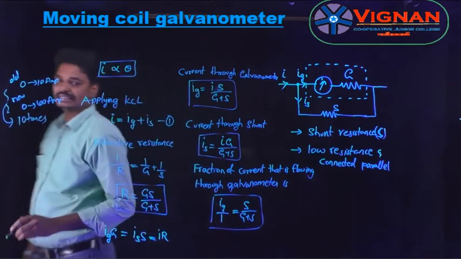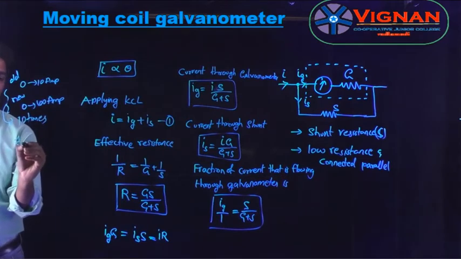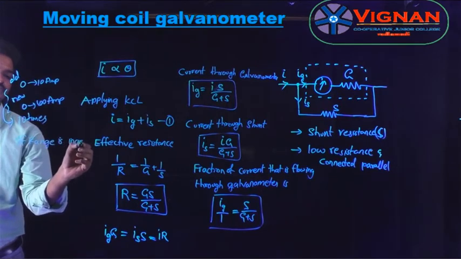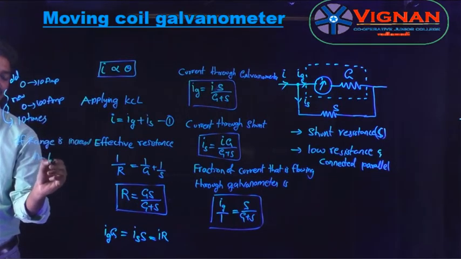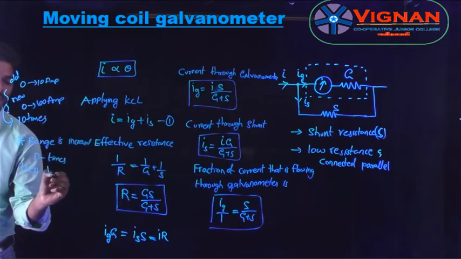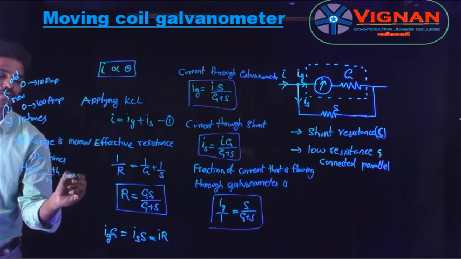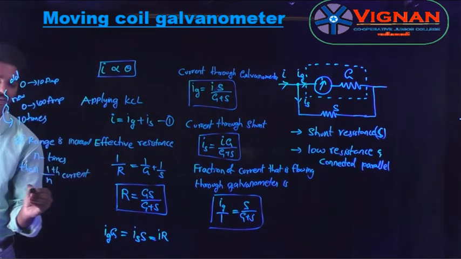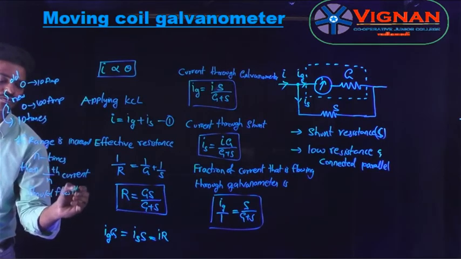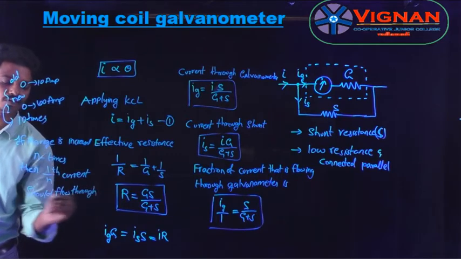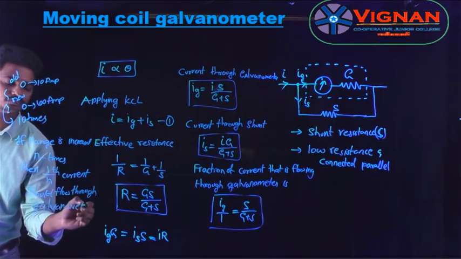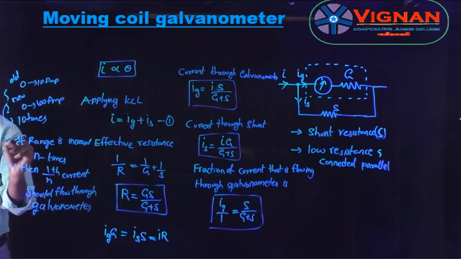So if the range is increased n times, then only 1 by nth of the current should flow through the galvanometer.